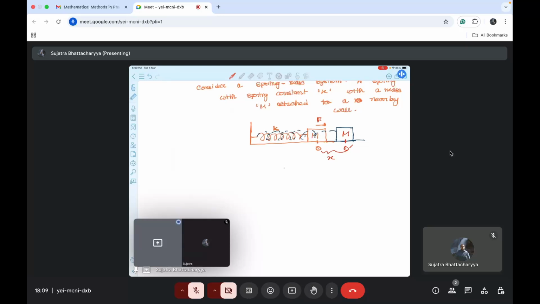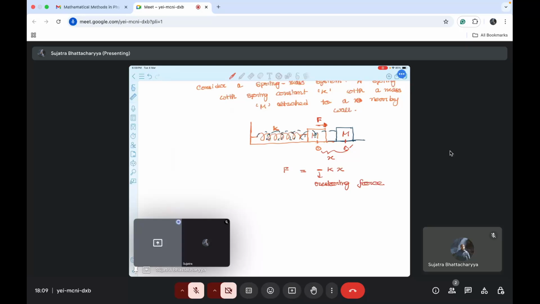that force is observed to be equal to minus k times x. This minus represents the restoring force. So what do we mean by the restoring force? If you give a force to this mass in this direction, there is a tendency of the mass and spring system to come back to its original position.